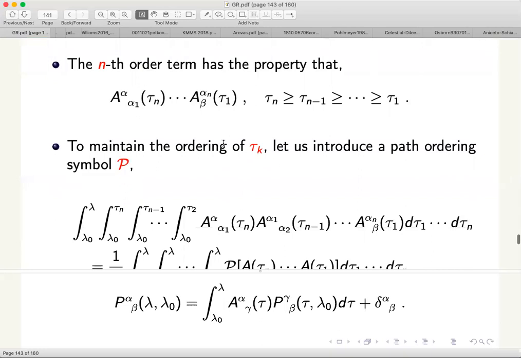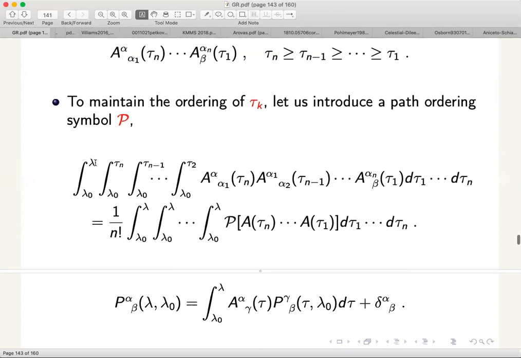So what we will do is use this fact to ensure that there is a specific ordering. We define something called the path ordering. Path ordering would tell you that all these functions which are written in here follow a specific ordering. If you do that, then you could write down these integrals from any value to any value, without putting these restrictions.